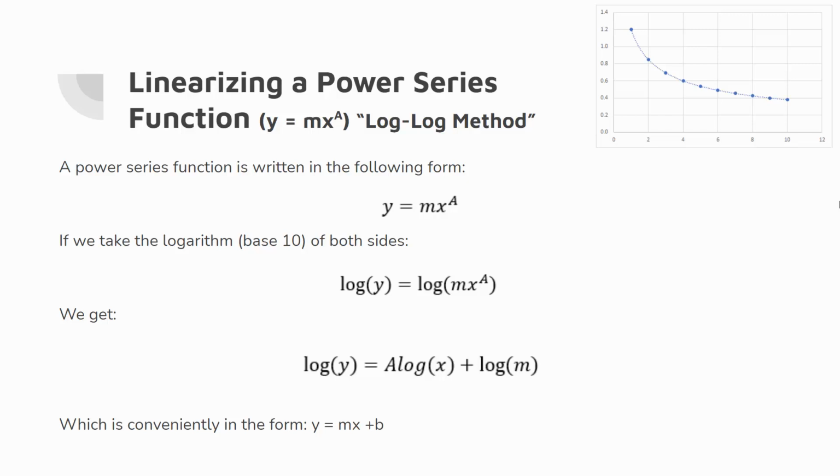Log of y equals a times the log of x plus the log of m. And if we plot the log of y versus the log of x, we'll get a linear function where the slope is a and the y-intercept is the log of m. We'll be able to figure out those parameters from that kind of analysis.